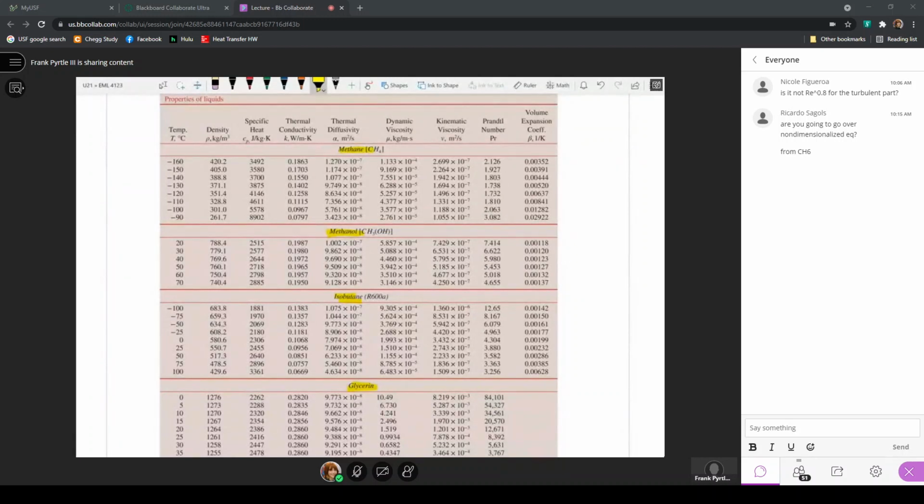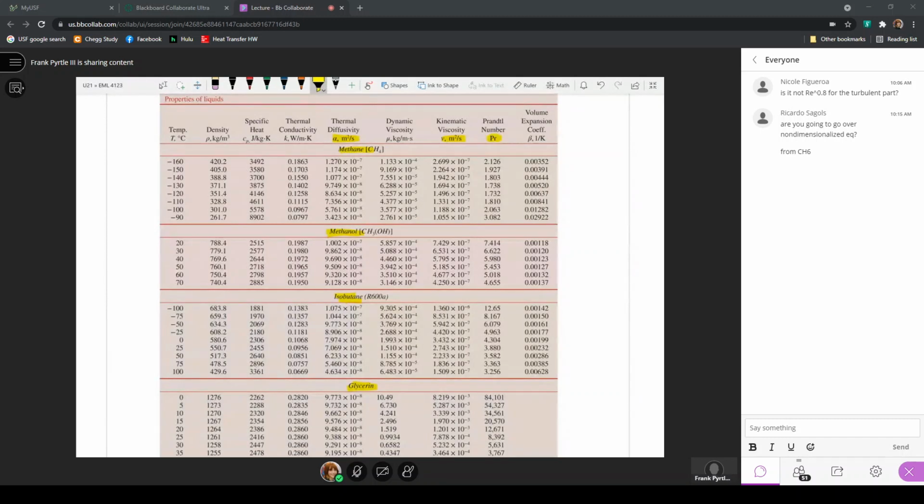So here, we're specifically looking for the kinematic viscosity for the calculation of the Reynolds number, but recall that when we get to the Nusselt number, not only will we need the kinematic viscosity, but we'll also need the thermal diffusivity, but the ratio of the kinematic viscosity to the thermal diffusivity is the Prandtl number. So we'll just look that up directly.